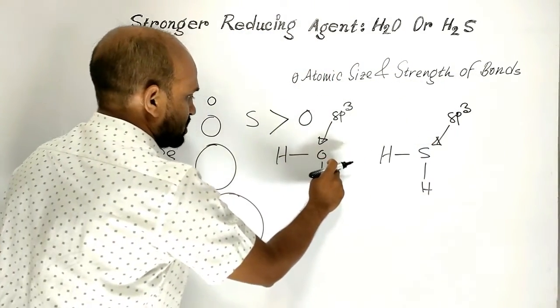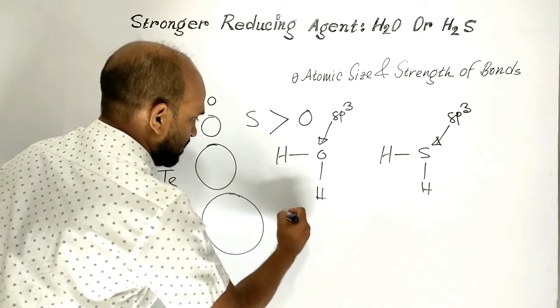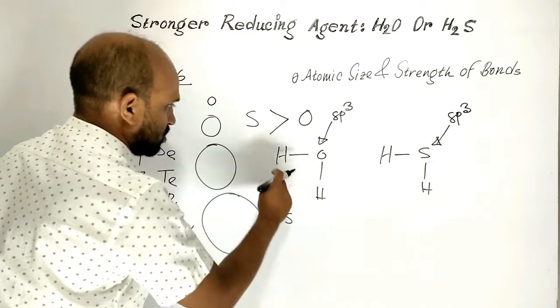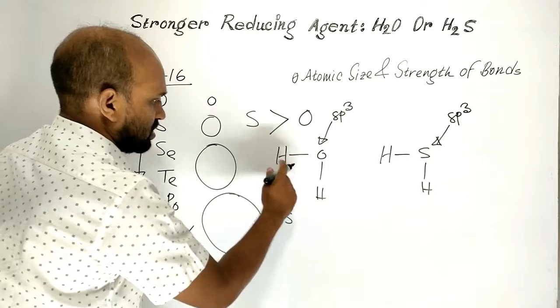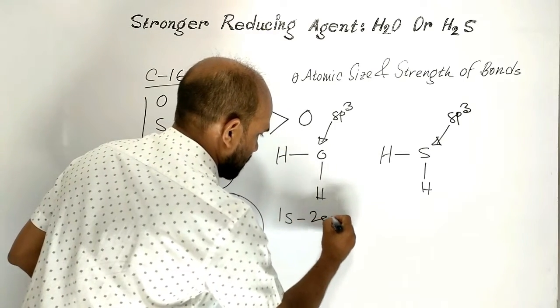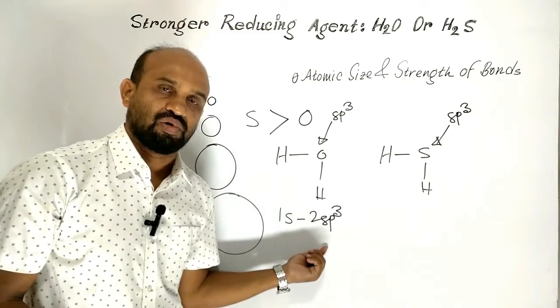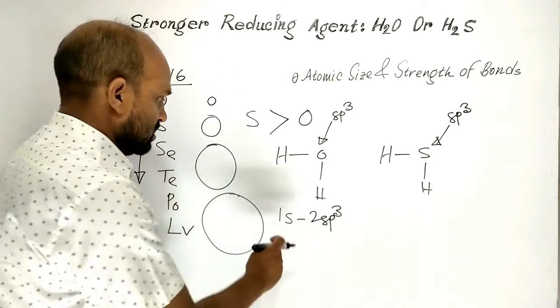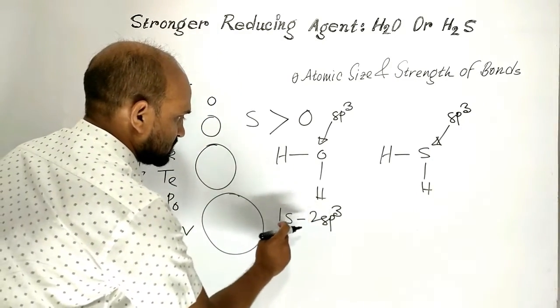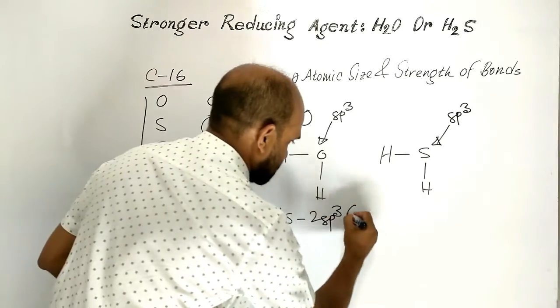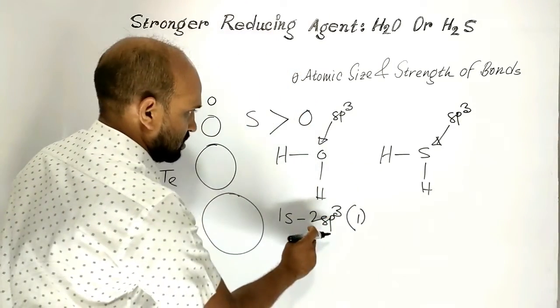Hydrogen oxygen bond is formed by overlap of 1s orbital of hydrogen and 2sp3 hybrid orbital of oxygen. Here, difference in principal quantum numbers is only 1.